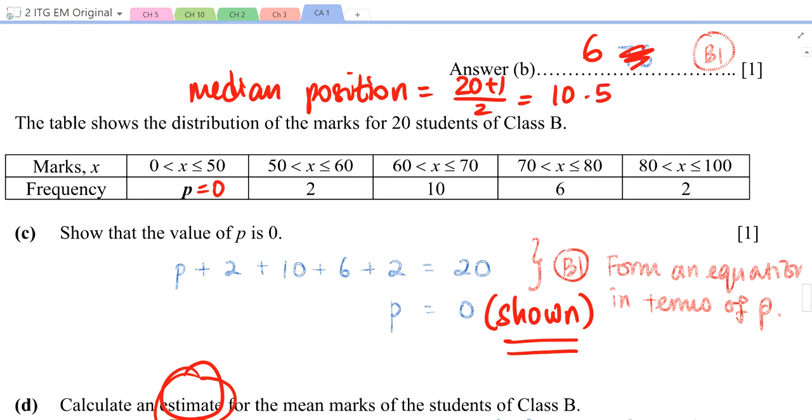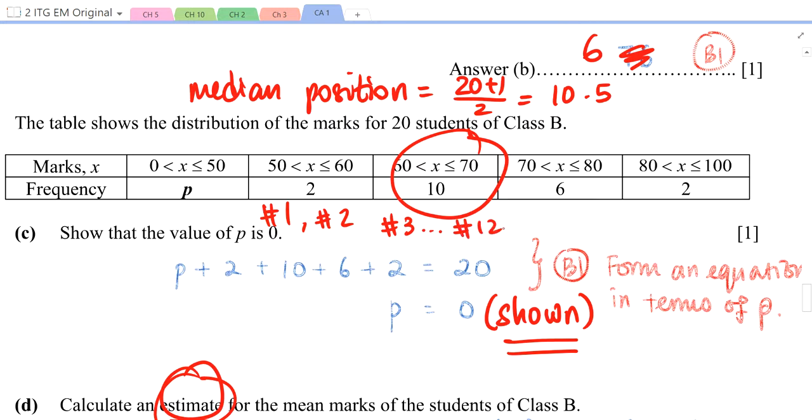Where is this position found? 0 over here, 2 over here. Is my median found here? No. Is it found here? Yes, it is. Because here I've got position number 1, position number 2, position number 3, all the way until position number 12.